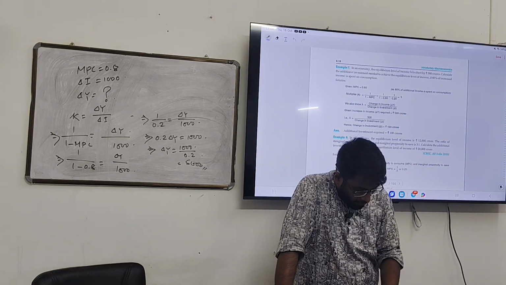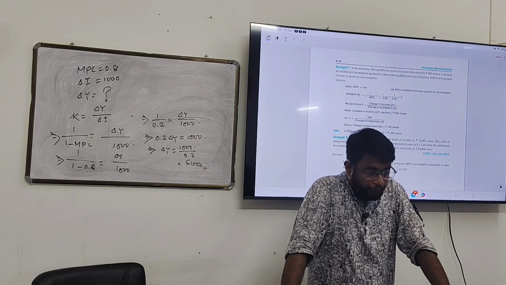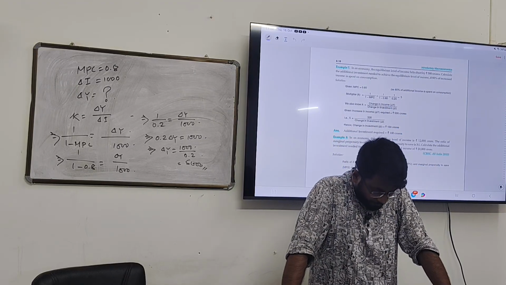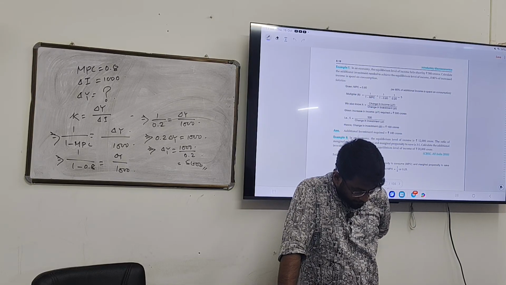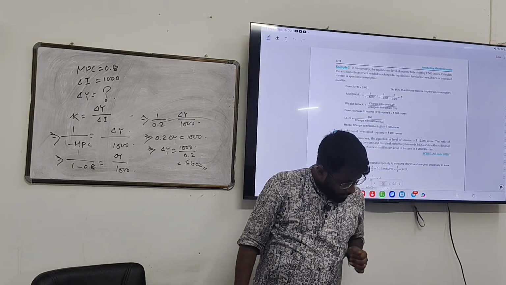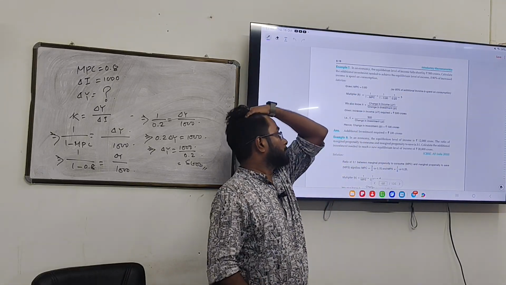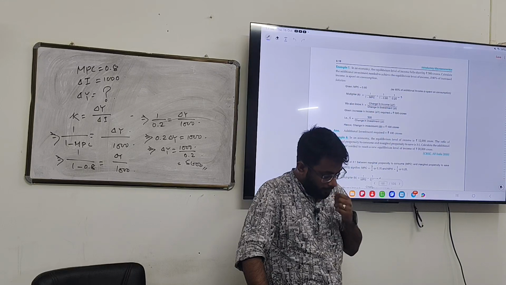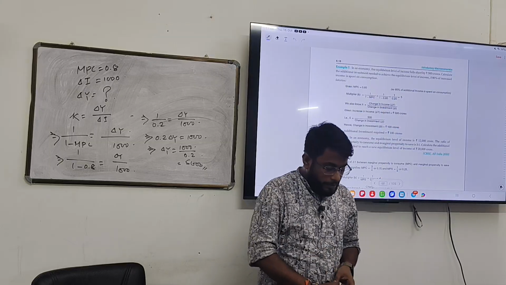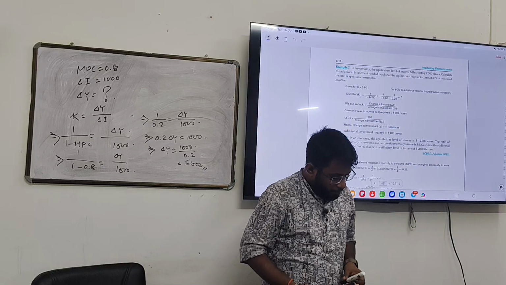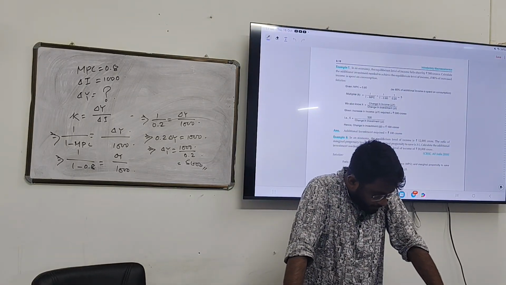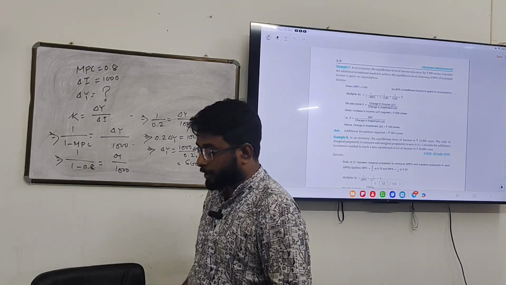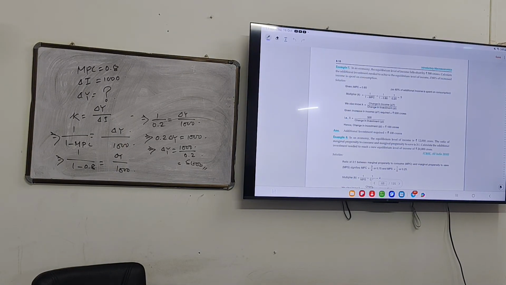If 1/4 of additional income is saved, calculate the increase in investment required to achieve full employment level of income.